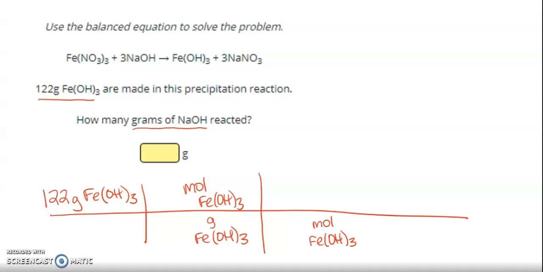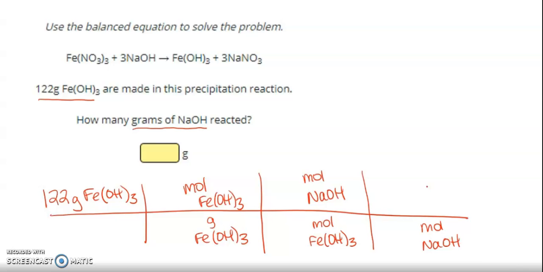Here we can change our substance because we can go from moles of FeOH3 to moles of the unknown, NaOH. The balanced equation tells us that ratio. We're not to grams NaOH yet, but we're close. So we drag down moles NaOH.